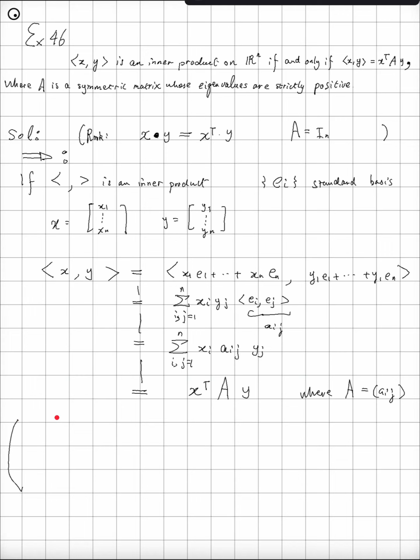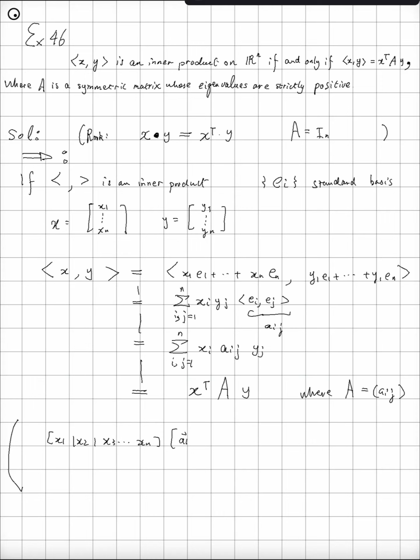So x transpose is x1, x2, through xn. Let me write it out more.